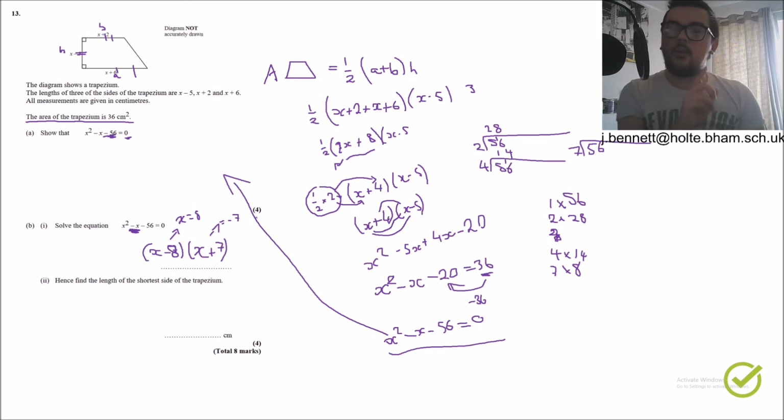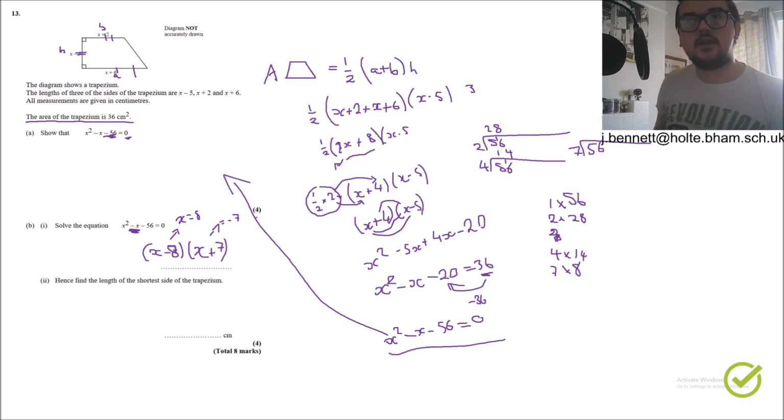No, I can't, and I'll tell you why. If x equaled minus 7, you'd still have an area of 36. But let's sub in minus 7. Minus 7 plus 2 gives you minus 5. Minus 7 plus 6 is minus 1.